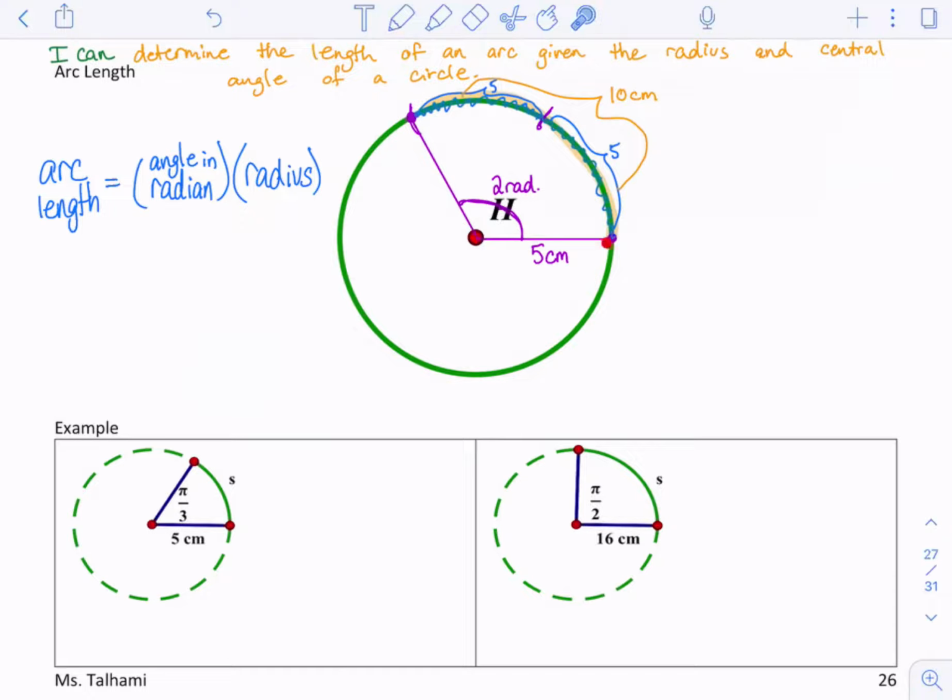If I had 2 radians, the length of my arc was 10. So 2 times the radius, which is 5, equals 10. If I had 3 radians, it would be 5, 10, 15 centimeters long. If I had 3 and a bit more, it would be maybe closer to 11 or 12. So notice that this is really like a formula right here.